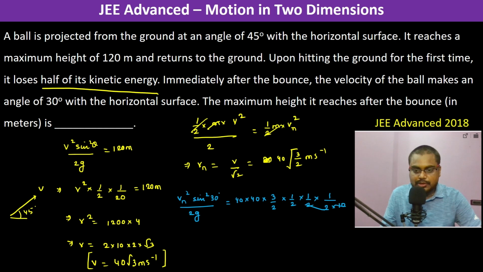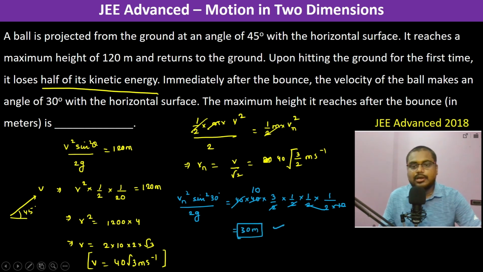So this is 4 into 10, 40 is gone, 2 into 2 is 4, so 10, so this becomes 30 meter. So now the maximum height which it is going to reach is 30 meters.